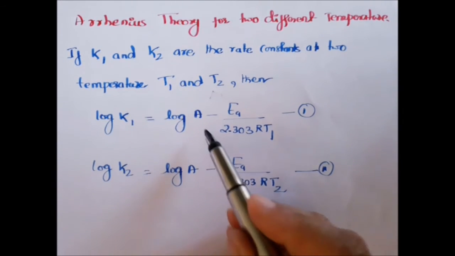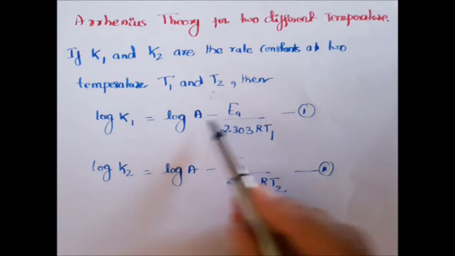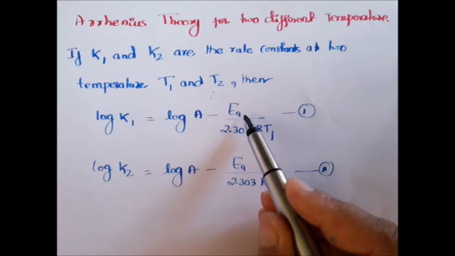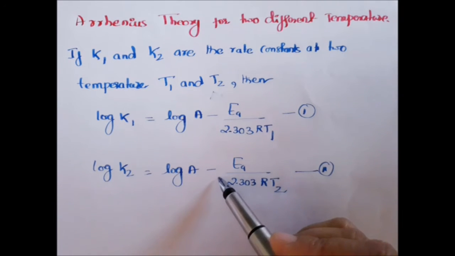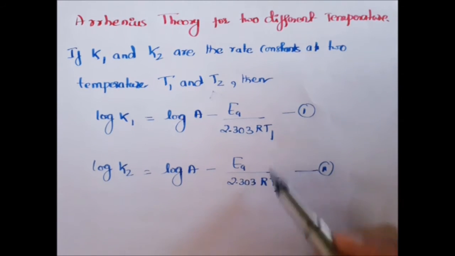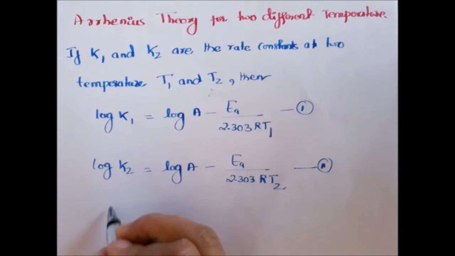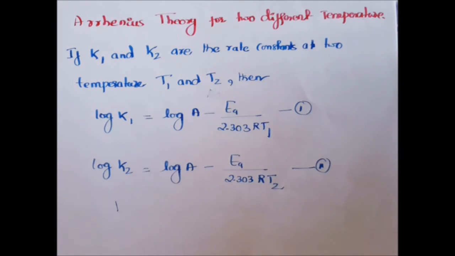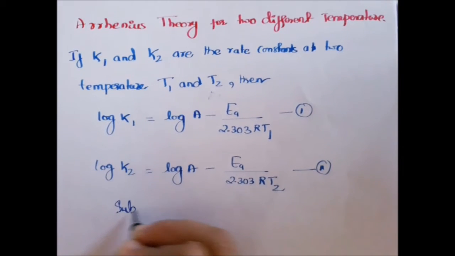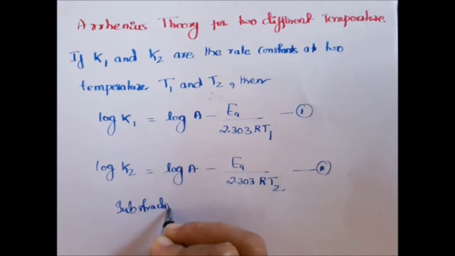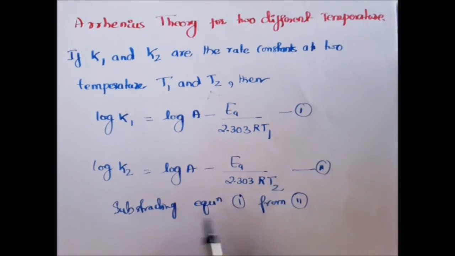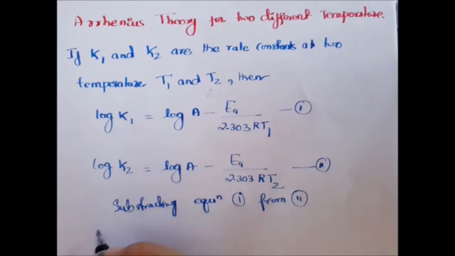Now for a given reaction, A is constant, and EA, the activation energy, also remains the same at different temperatures, and R is a constant. So now, subtracting equation 1 from 2, what are we going to get?